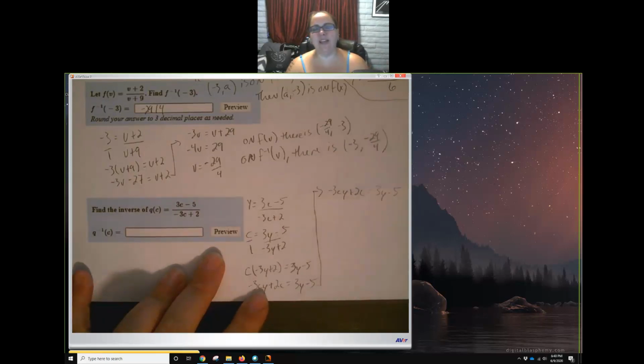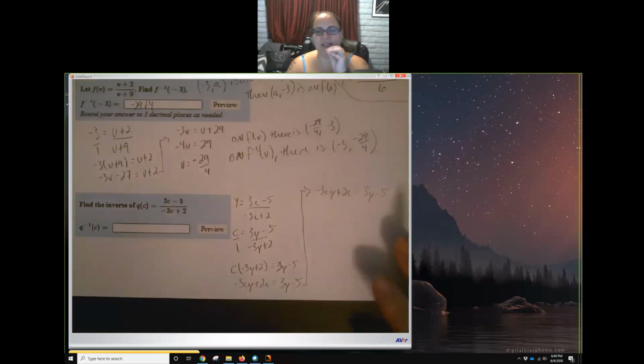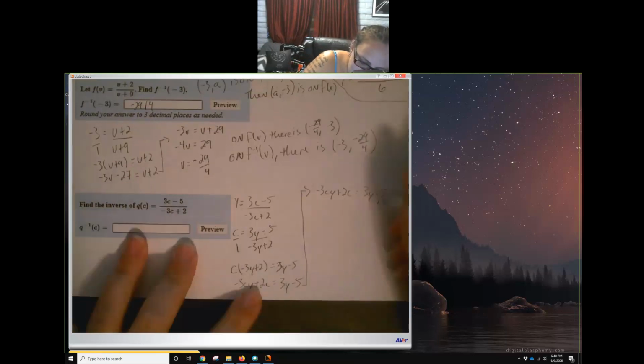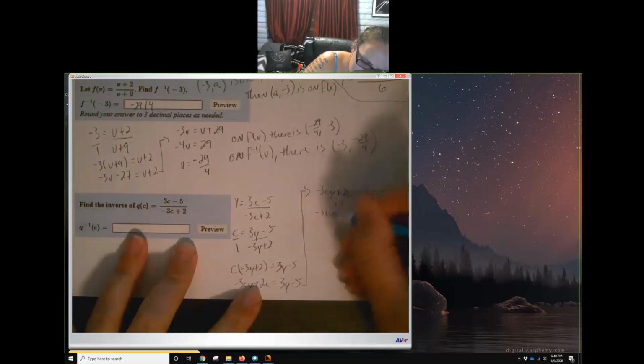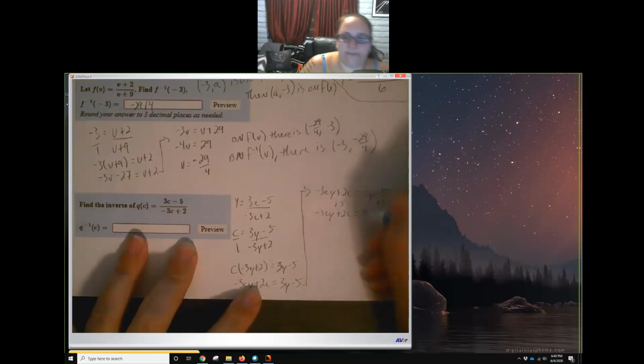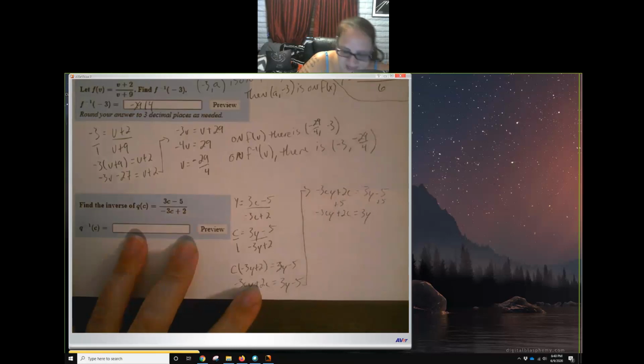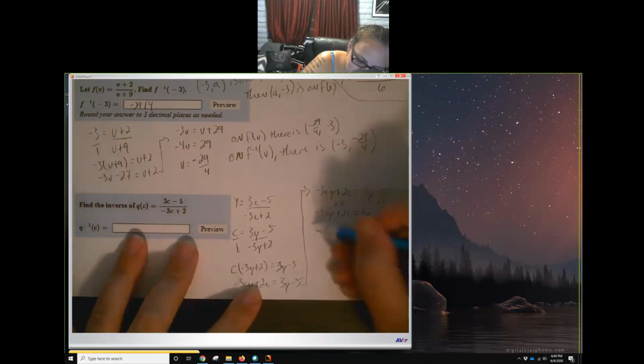Now again, everything that has a y together and everything that doesn't have a y together. So I'm going to move this 5 over to get it away from that 3y. And then I'm going to add this term over because it does have a y.